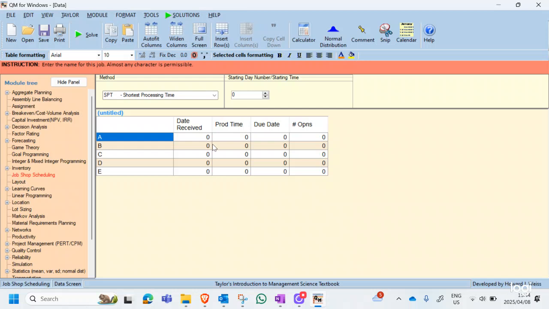If you have date received, ladies and gentlemen, you will use date received to do your first come, first served, and also last come, last served. So you determine that information through the date received.